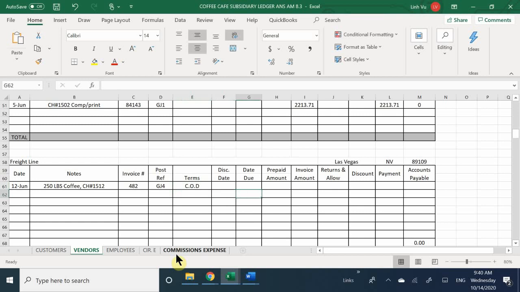Of course, there's no prepaid amounts, and the amount due was $62.50 because we did make a payment of $62.50.